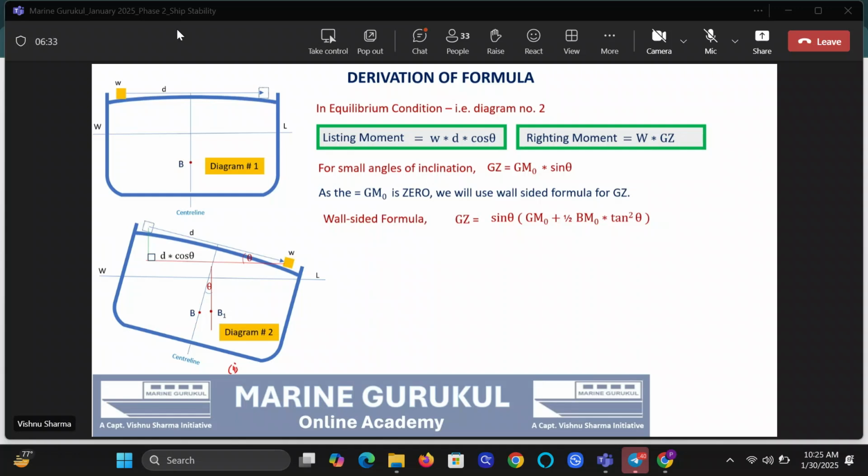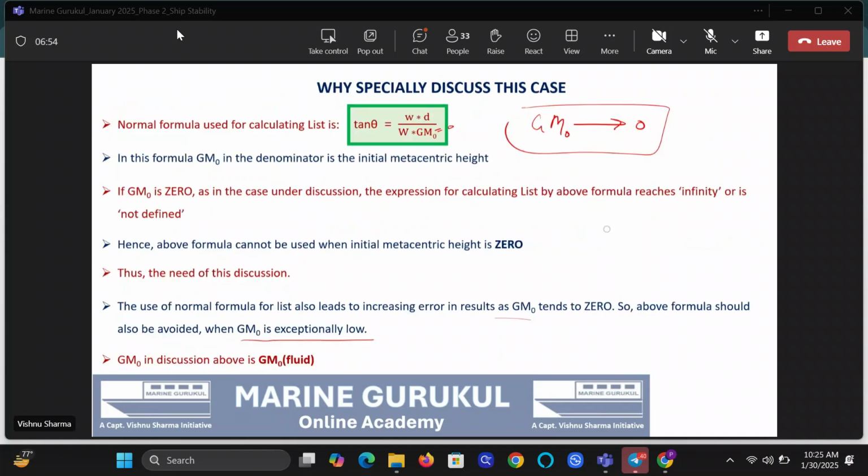So what do we get the righting moment as? Righting moment will be equal to W into GZ by the wall-sided formula. Correct, class? Am I right, guys? Now, in this, how much is GM0? This is already 0.